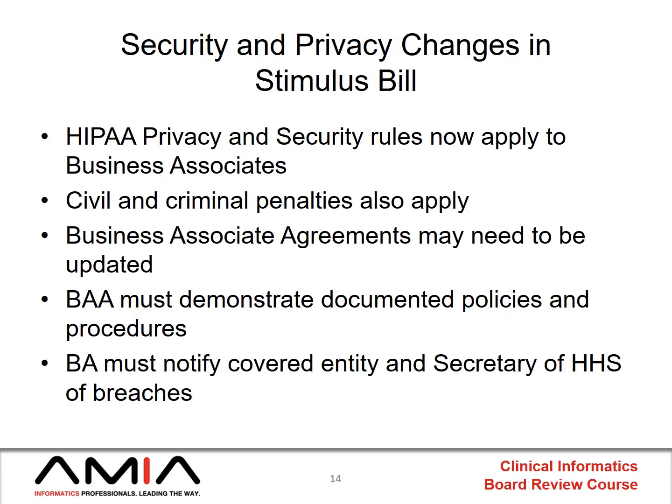Business associate agreements may need to be updated as a result of the stimulus bill, and you must pay careful attention to the contents of those agreements. This is something likely your legal team is involved with, but if you're not familiar with business associate agreements and what they are, it would be good to look at the hhs.gov website and review this.